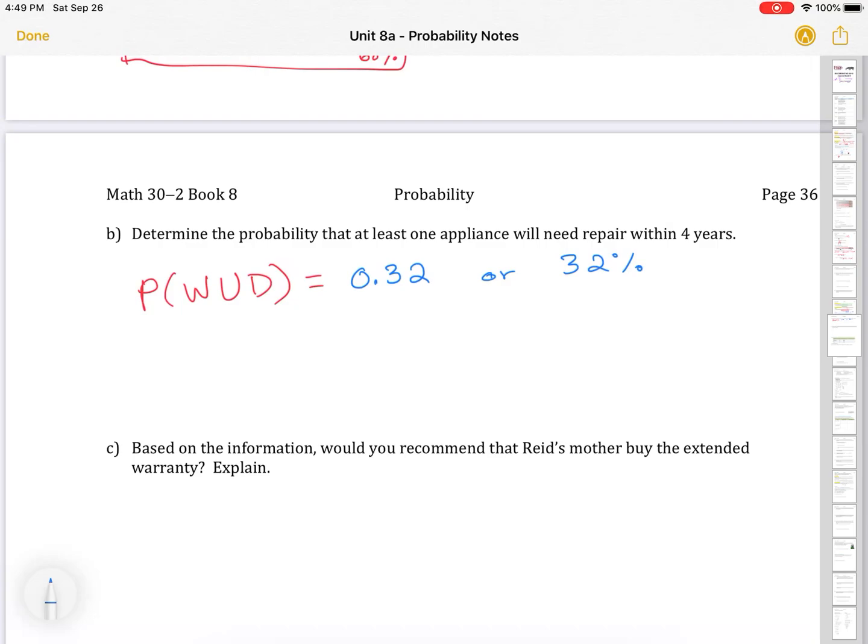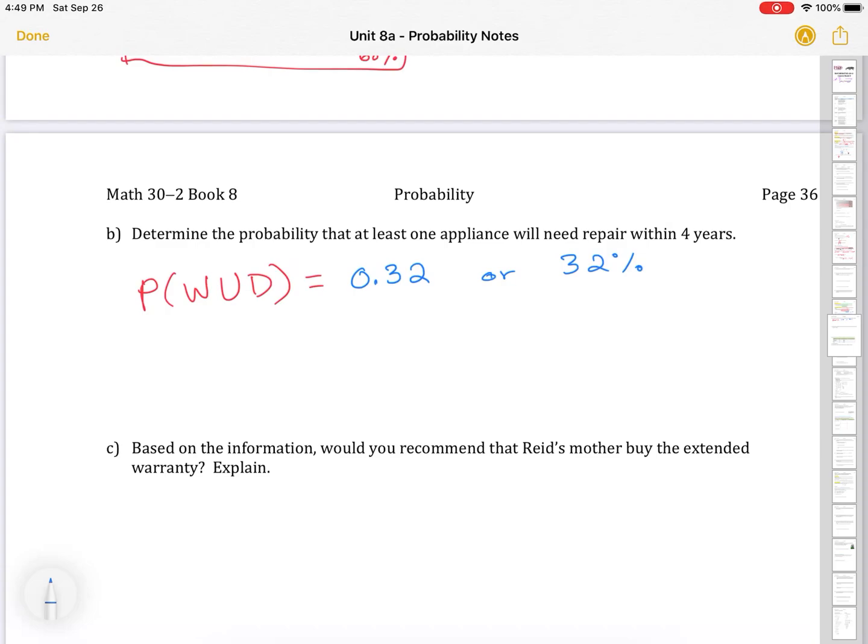Based on that information, would you recommend she buy the extended warranty? So I guess this is really up to you in terms of whether or not you feel that they should. You can do a cost analysis, complete that table.